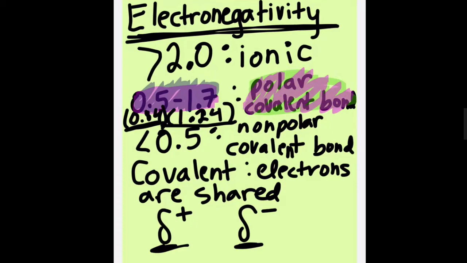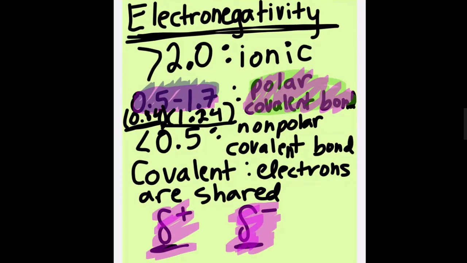Remember, determining if the bond is covalent or ionic is important to determining whether to write partial positive or partial negative. Since the bond between hydrogen and nitrogen is covalent, we will write that the hydrogen atoms have a partial positive charge and nitrogen has a partial negative charge.